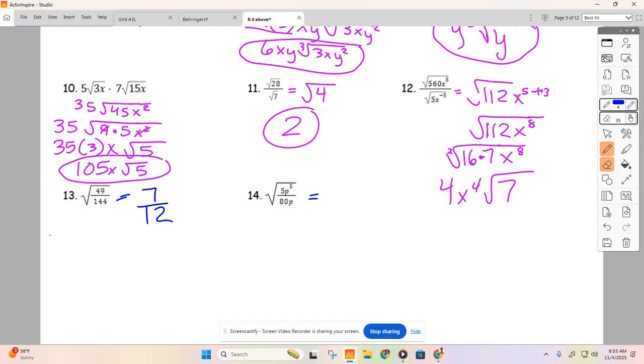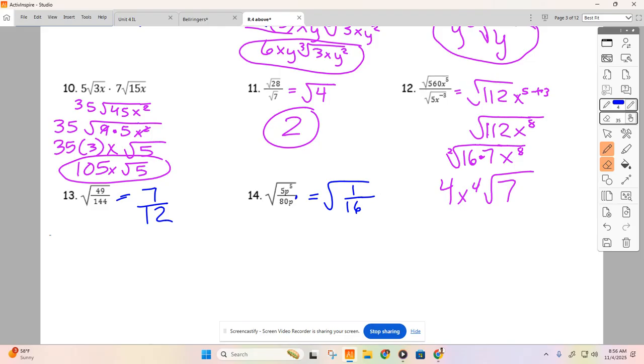All right. I want to simplify this 5 over 80. In the calculator, I can use the fraction button with 5 over 80, and it simplifies to 1 over 16. For my exponents, remember when you divide, you subtract them.